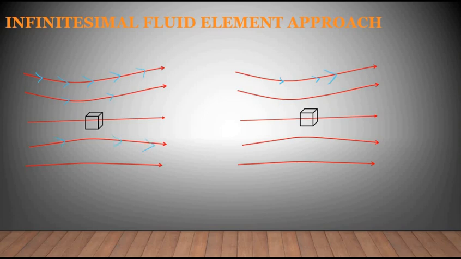This small cube shown over here, we call it an infinitesimal fluid element. So we are imagining that there is an infinitesimally small fluid element within our flow, and it has a differential volume of dV.